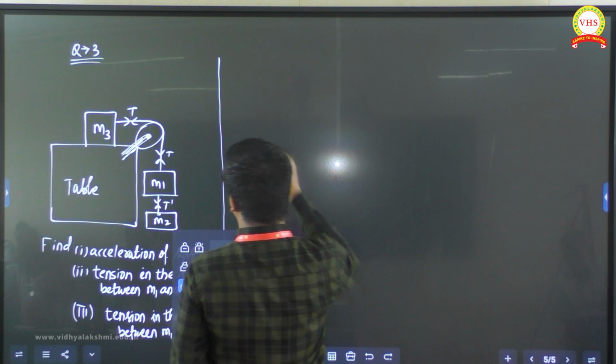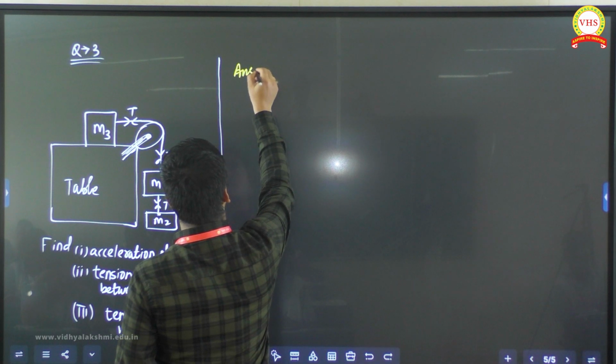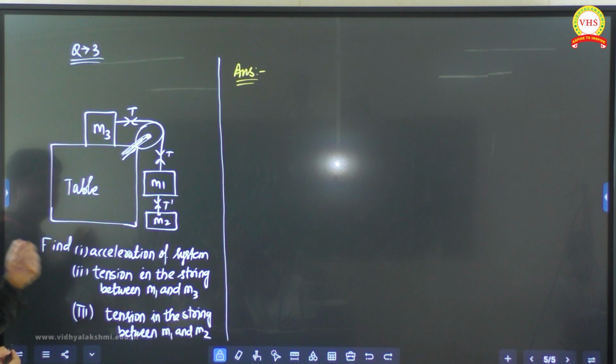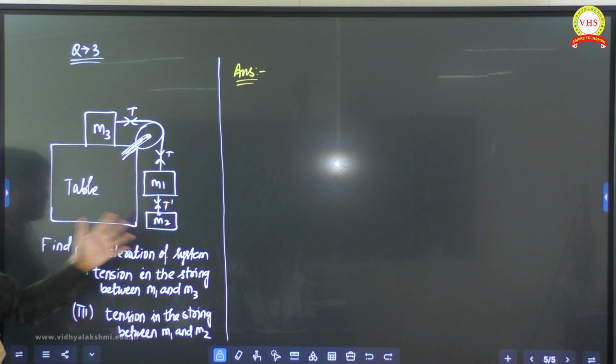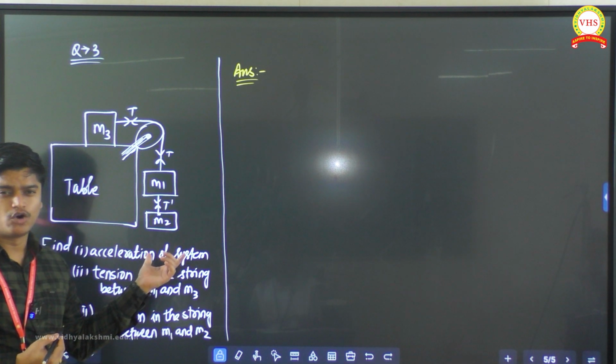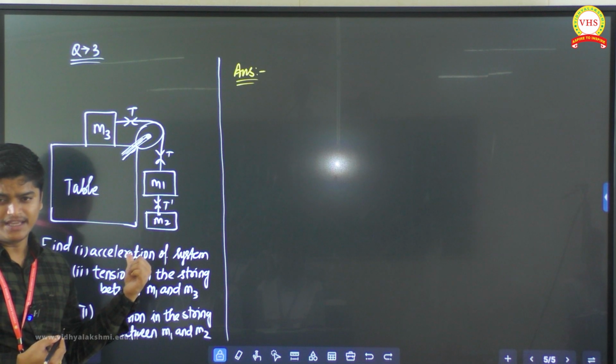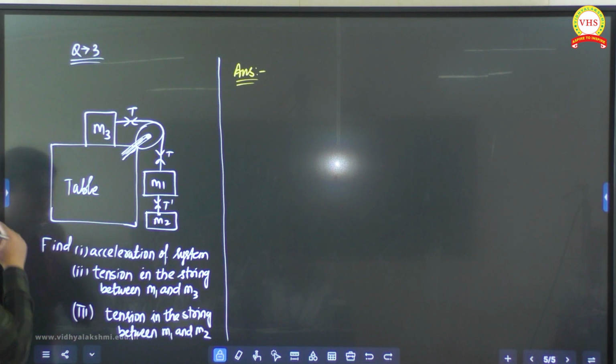Listen carefully all of you. See here, acceleration of the system, no problem. We can calculate. What is the acceleration of the system? Always I told, hanging mass into G divided by the addition of all the masses.